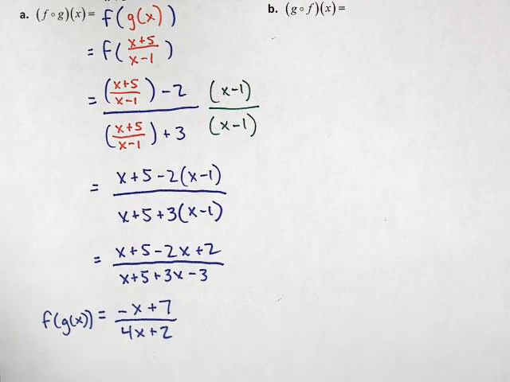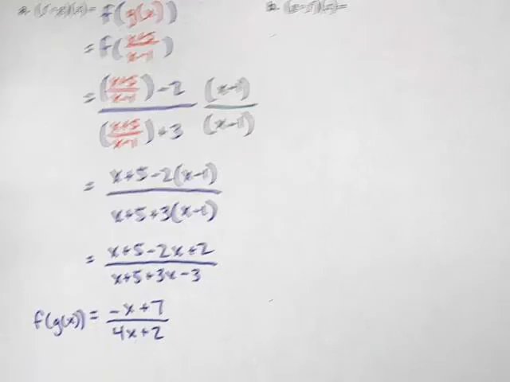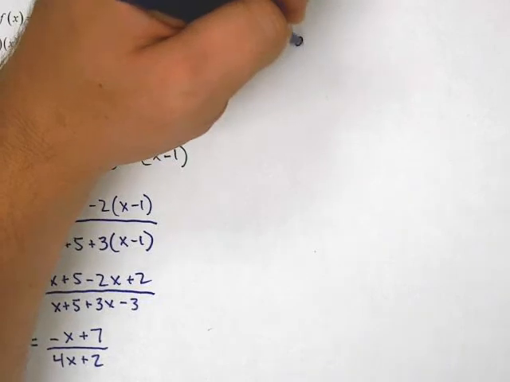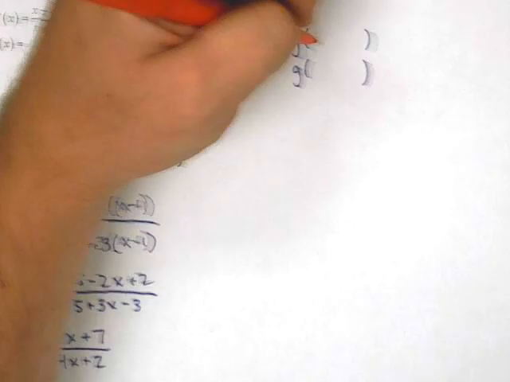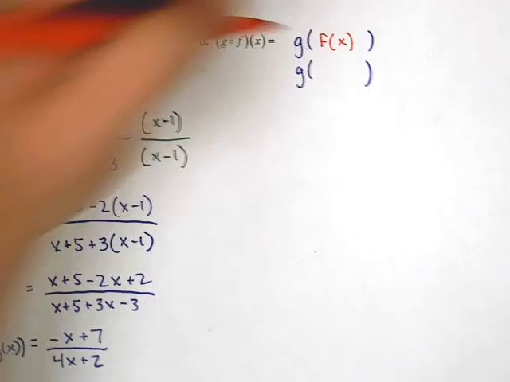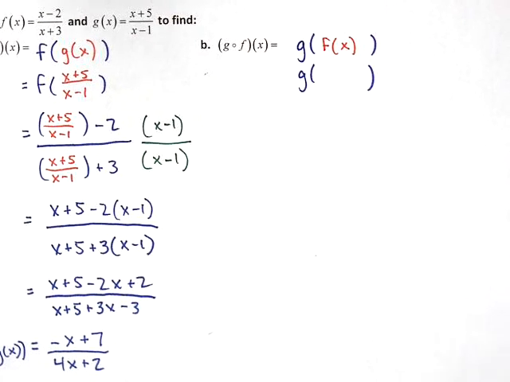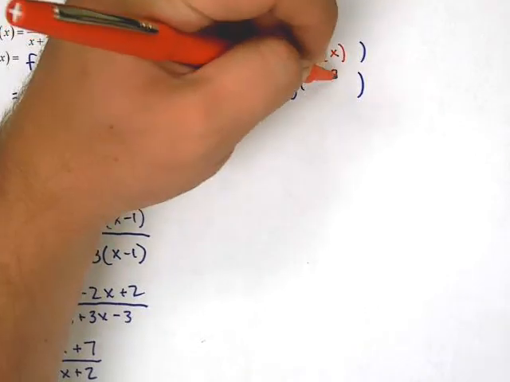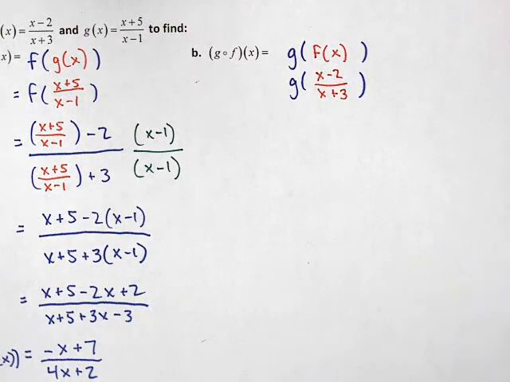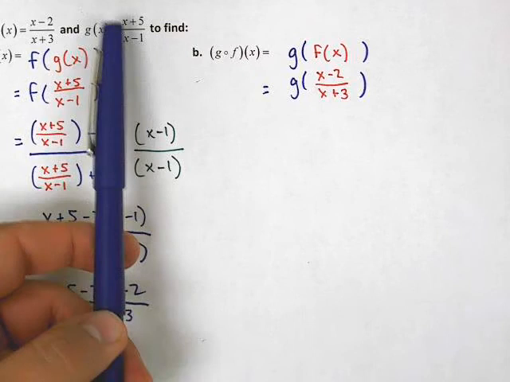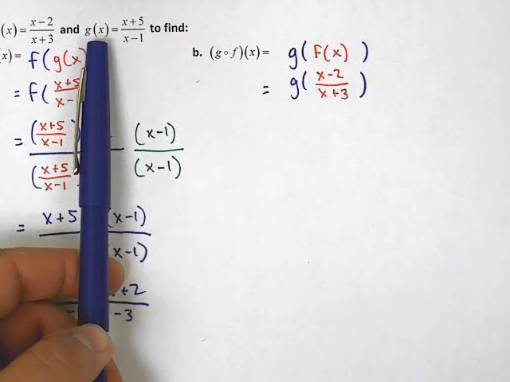All right, last part. We just have to redo this, but now we're going g of f of x. All right, and we know that f of x is x minus 2 over x plus 3. So again, what do we do and what have we been doing? We say our g function is the input plus 5 all over the input minus 1.